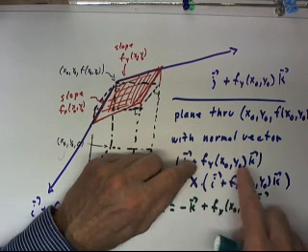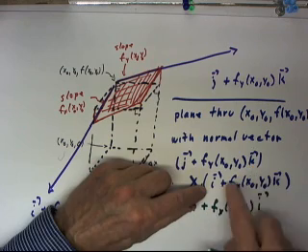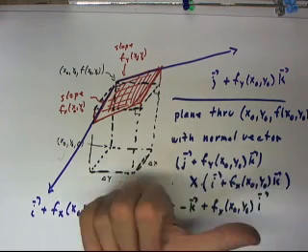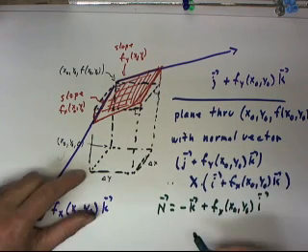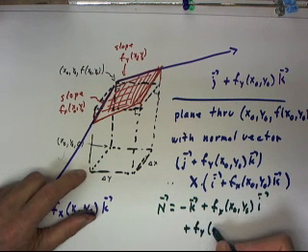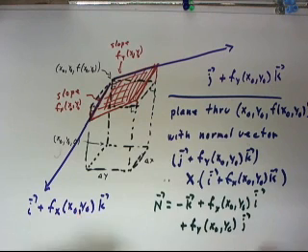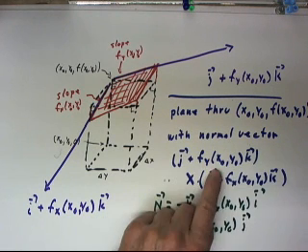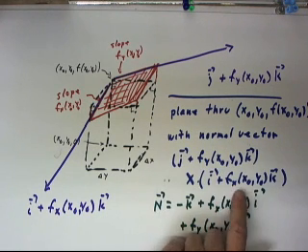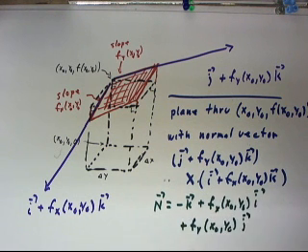Now the fy times k crossed with the i, well, what's k cross i? k cross i gives us j. So we're going to have fy of x0, y0 times j. And what else? Well, we're going to have fy times k crossed with fx times k. k cross k is 0.